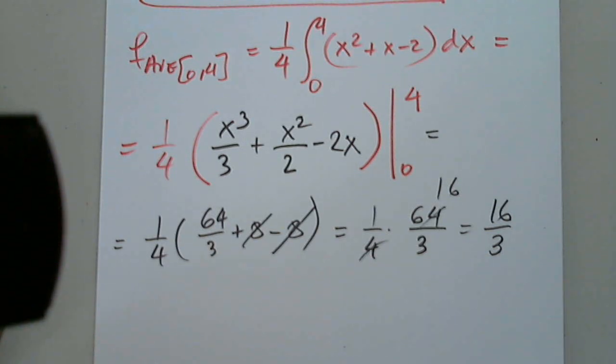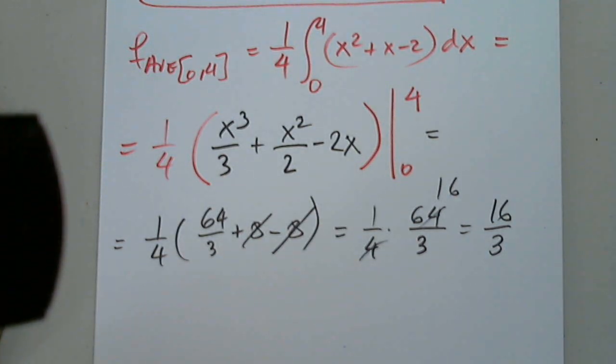So from 0 to 4, don't forget that because otherwise you're not going to get the right answer. Be careful what you enter in here. Do not enter the function that you get at the end. You have to enter the original function, which is x squared plus x minus 2, and dx. So when I click enter, I have to get 16 divided by 3.